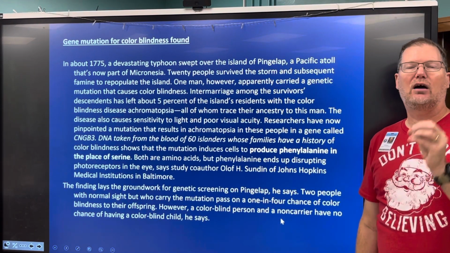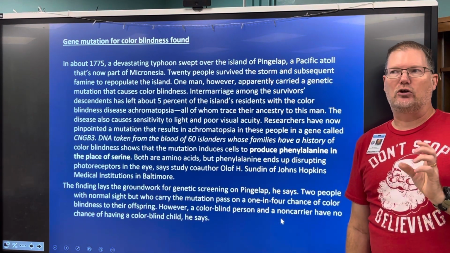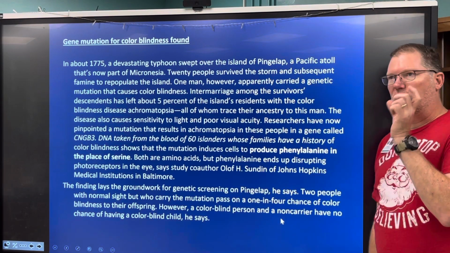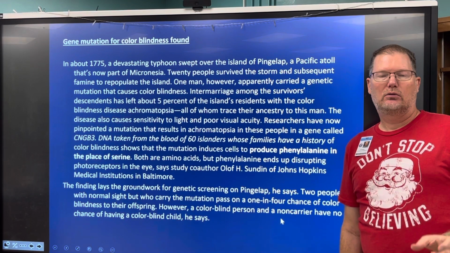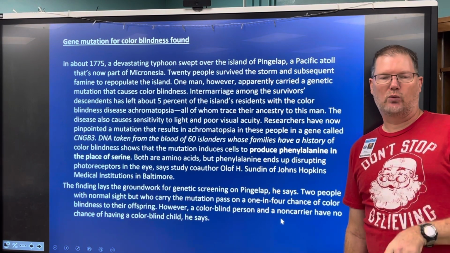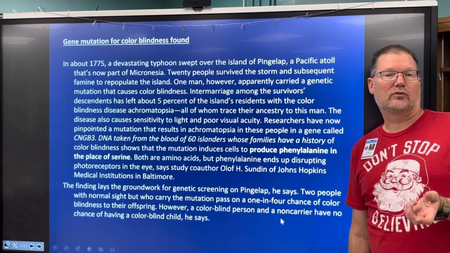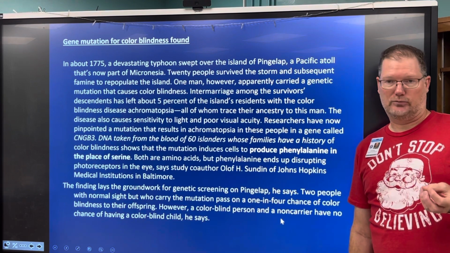So what kind of mutation is that, when you get a different kind of amino acid being formed? If you look back at your notes, which one was that? It was the first one, right? The missense mutation.